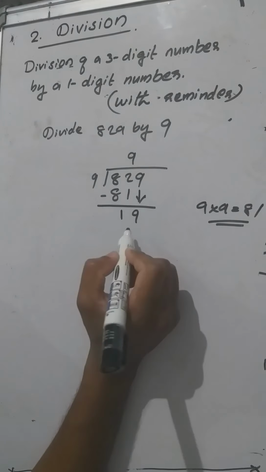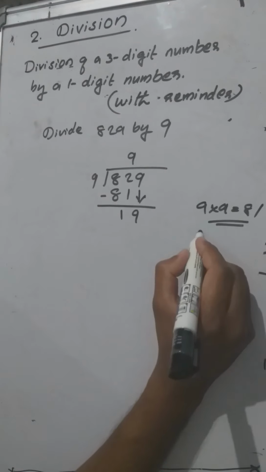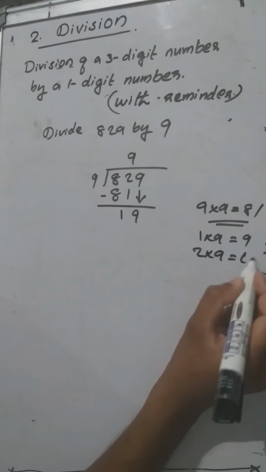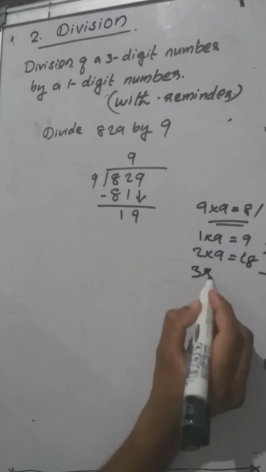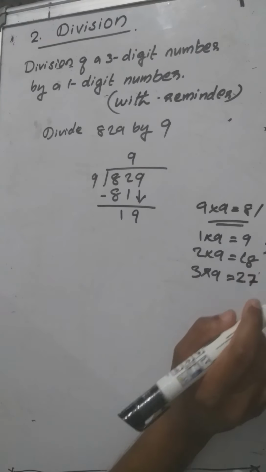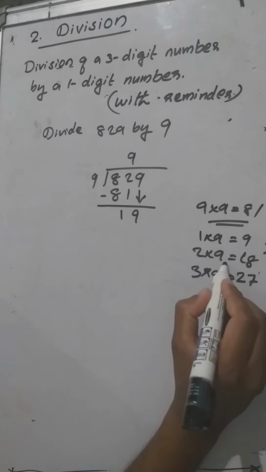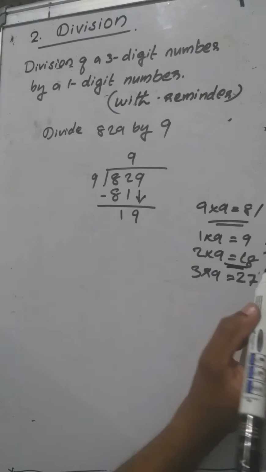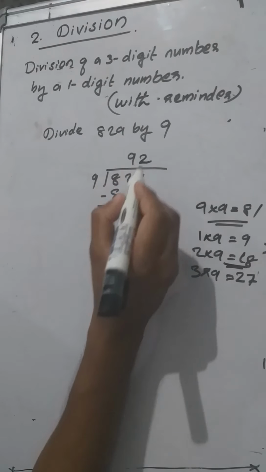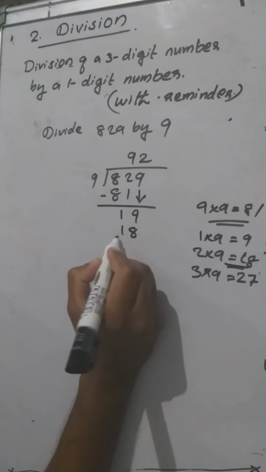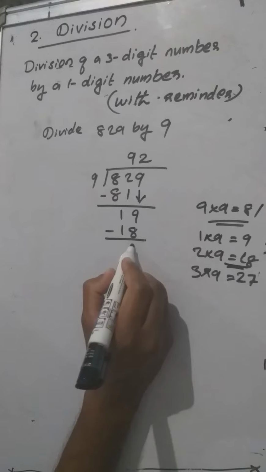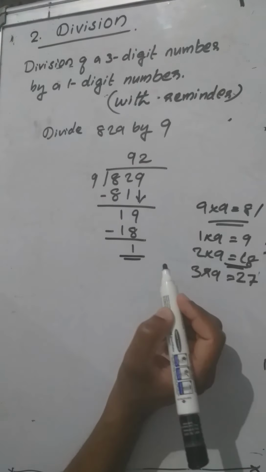How many 9s are in 19? You know that 1 9 is 9, 2 9s are 18, 3 9s are 27. So the nearest number is 18. Here we have to write 9 2s are 18. 19 minus 18, we got the remainder as 1.